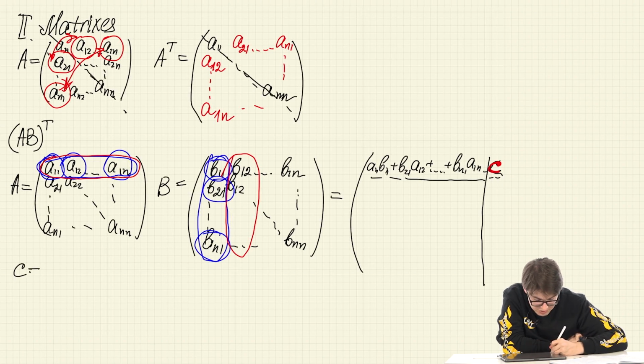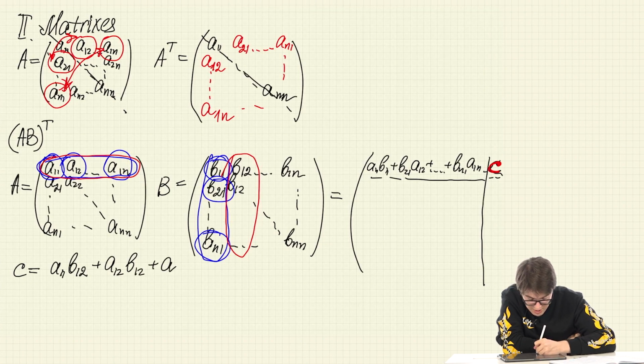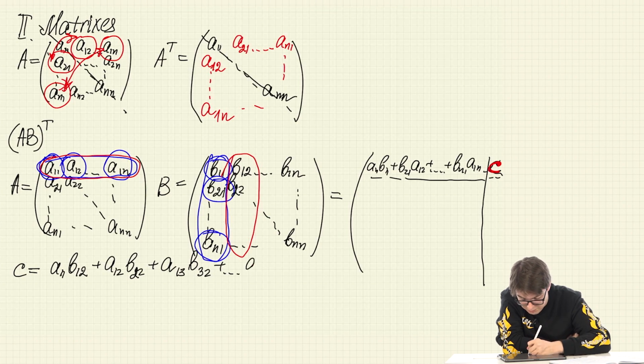So the result for C is nothing but A11 B12 plus A12 B22 plus A13, sorry, there should be 2, B32 plus and so on, plus A1n Bn2.